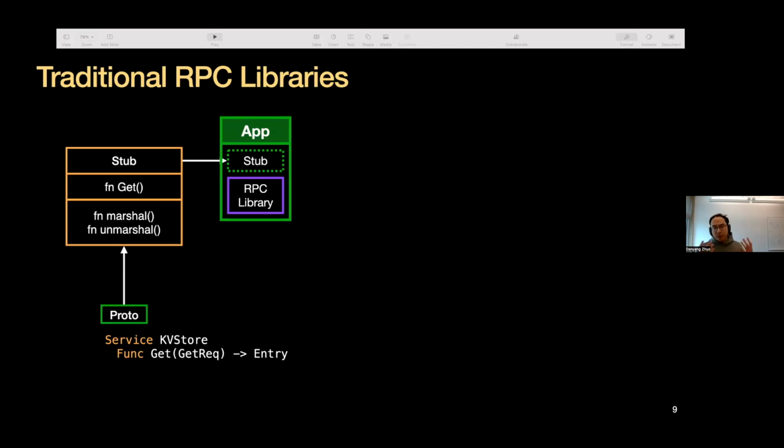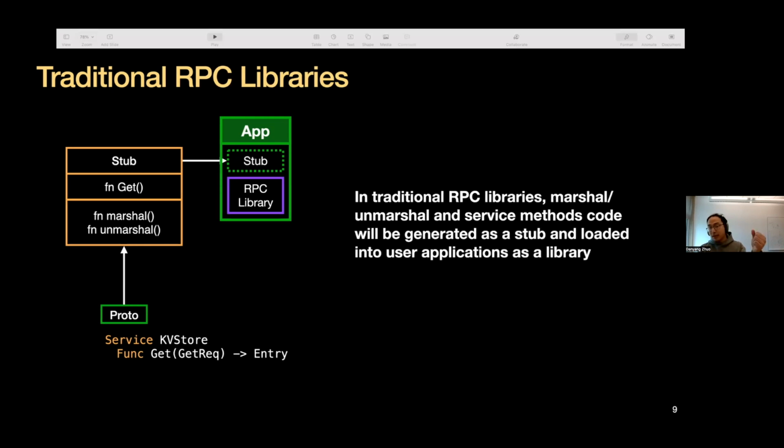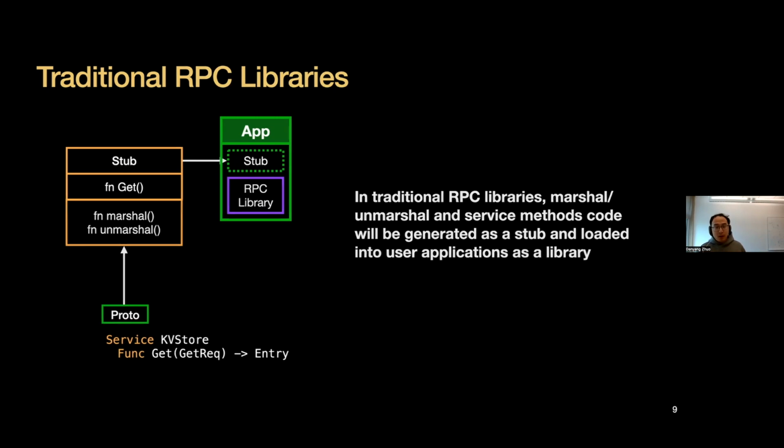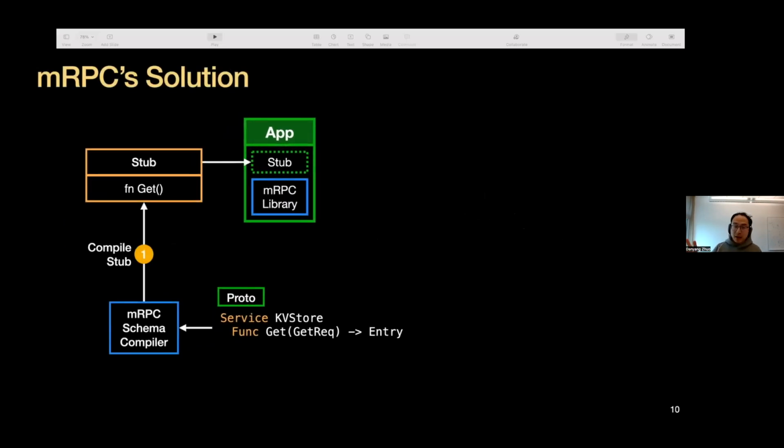And the problem is with new applications, each application will have its own different proto file. And this means the marshalling code, the unmarshalling code, and the stub code are combined in the same library, linked to the application. Whereas in mRPC, because the marshalling and unmarshalling has to be done in a shared system service, we have to decouple this stub code.